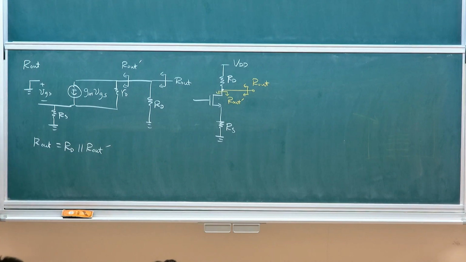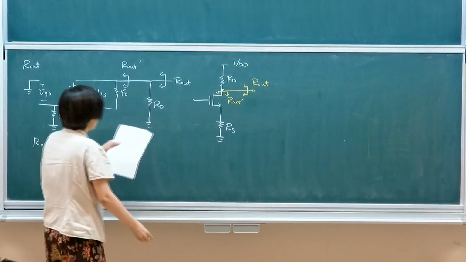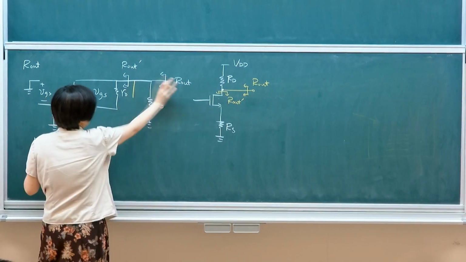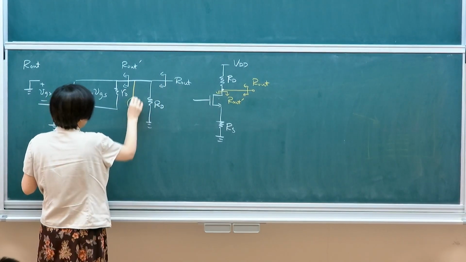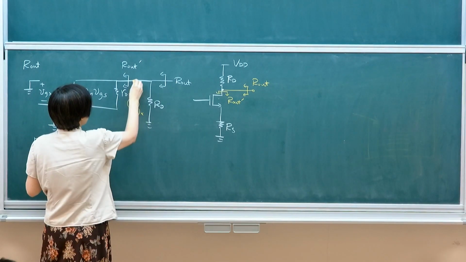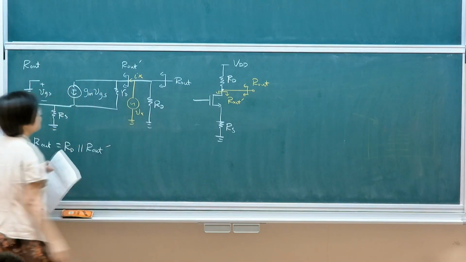So let's look at RO prime. You can do the same exercise. The way to do this is right here, I'm just going to block that part out. This was simply by giving a test voltage and looking at its test current.